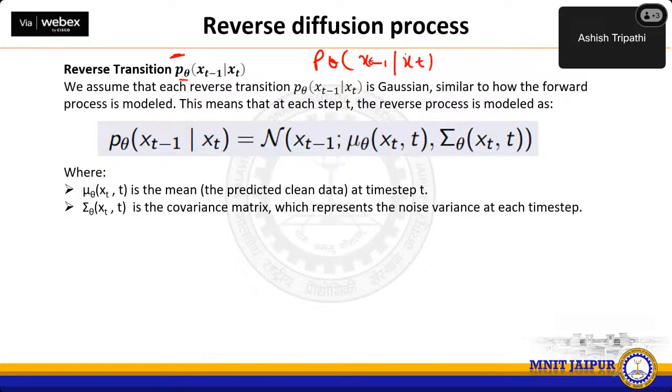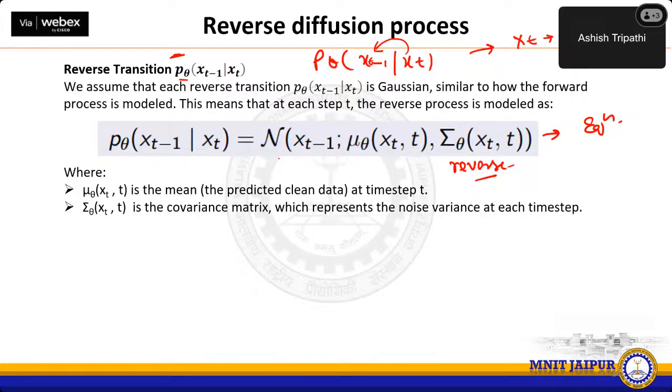That means given xt, I need to predict x of t minus 1, whereas in the case of the forward process, we were getting x of t by adding some noise to x of t minus 1. I hope that my goal is quite clear to all of you. This is the equation for reverse modeling, for the reverse process.